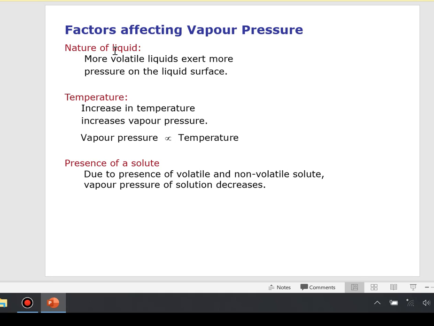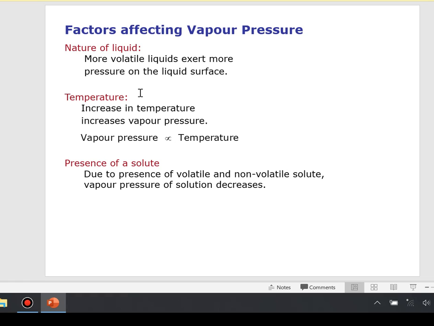Nature of liquid: if the liquid is more volatile, then it exerts more pressure on the liquid surface because it can form more vapors. The nature of the liquid depends upon its volatility.